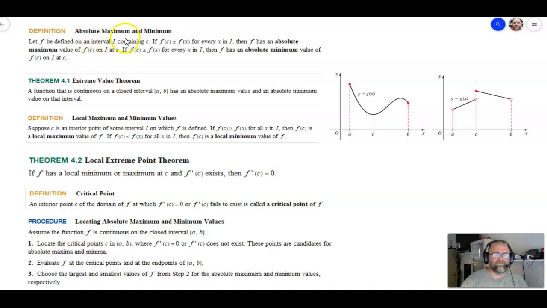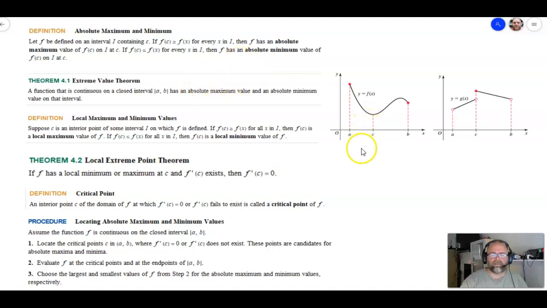So the absolute maximum and minimum says let f be defined on the interval I containing c. If f of c is greater than f of x for every x in I, then f has an absolute maximum value of f of c on I at c, and the same thing is true for the absolute minimum value.